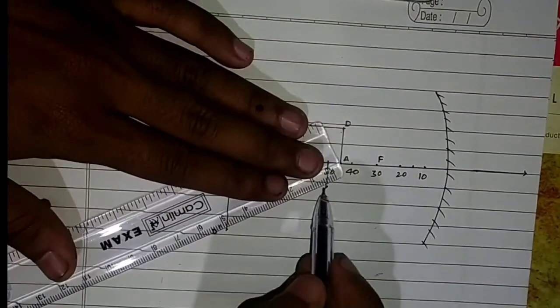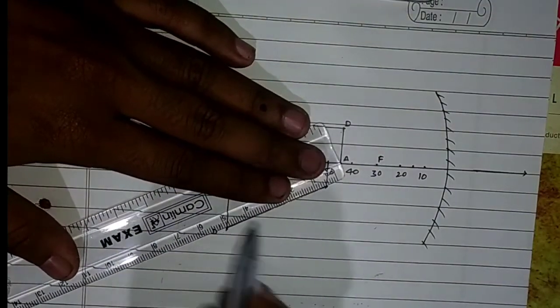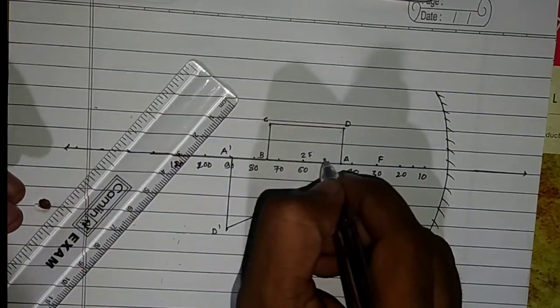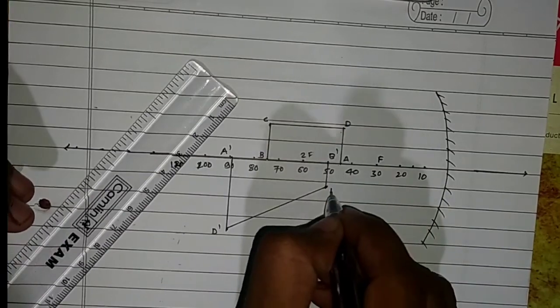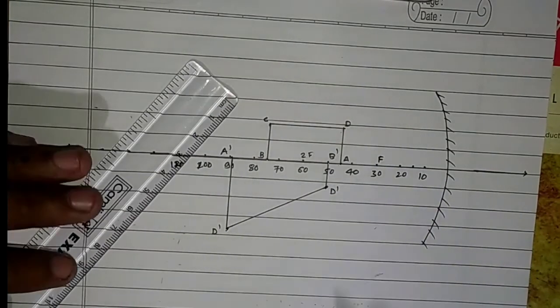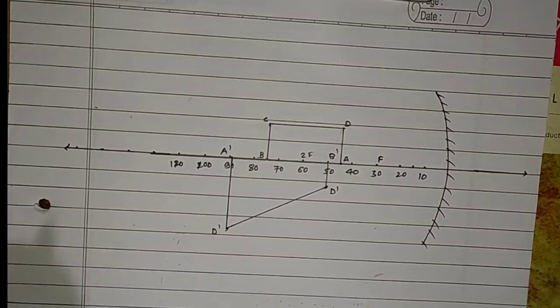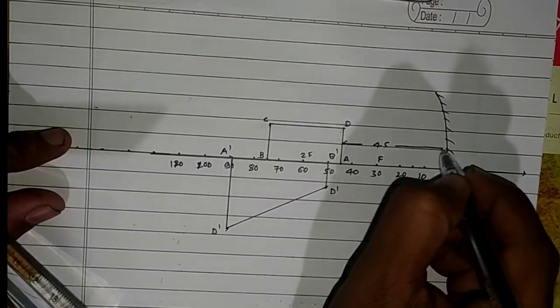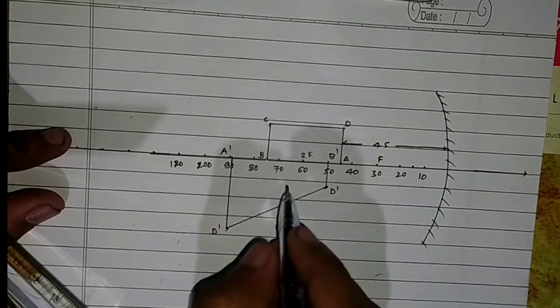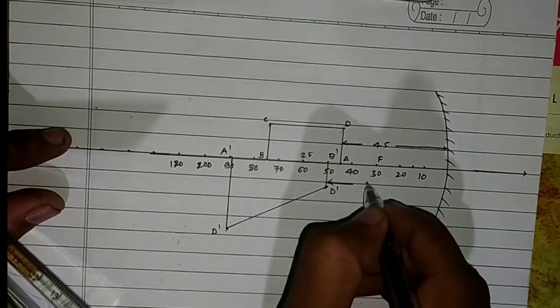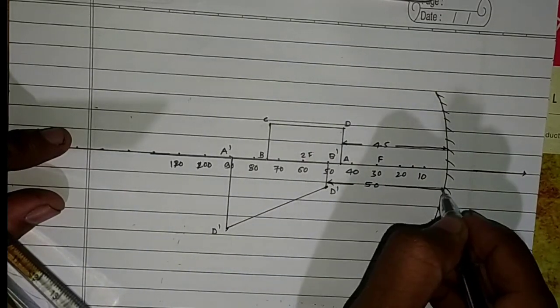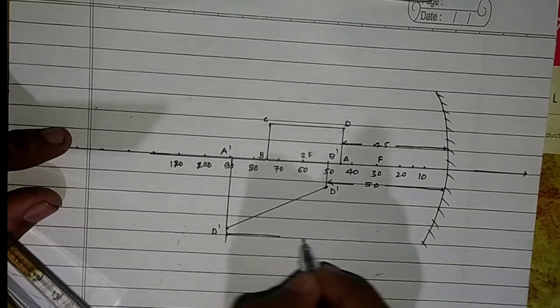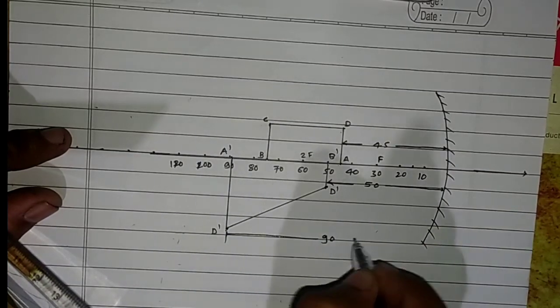Like this, you just join those ends, and that point is B' and C'. Likewise you can get the image. That distance here is 45, then this one is 75. Now this is 50, and from that point it will be 90.